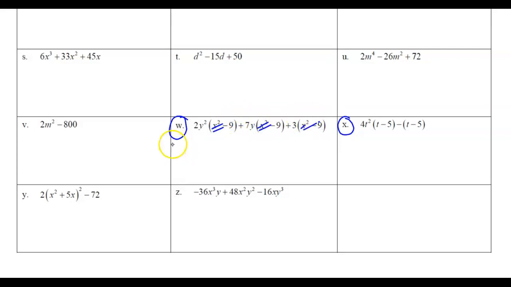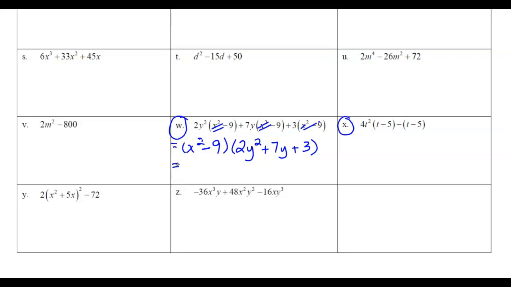So if I factor out x squared minus 9, I'm left with, notice how it's a different variable, 2y squared plus 7y plus 3.